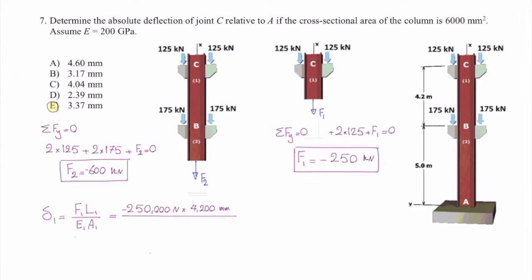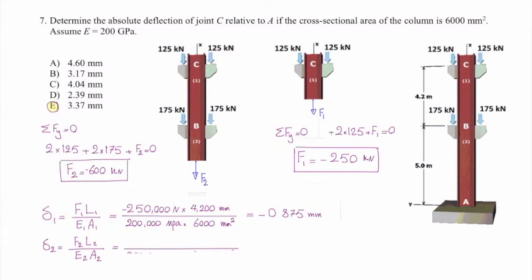That is 4,200 millimeter. Modulus of elasticity is 200 gigapascal, which is equal to 200,000 megapascal. And area is 6,000 square millimeter. And that gives me negative 0.875 millimeter.